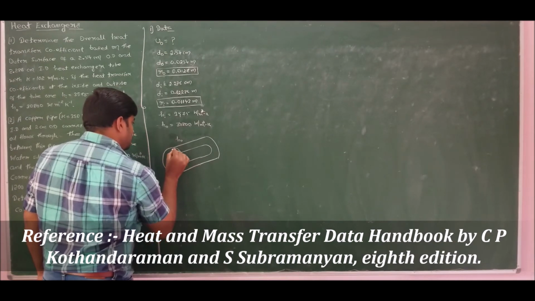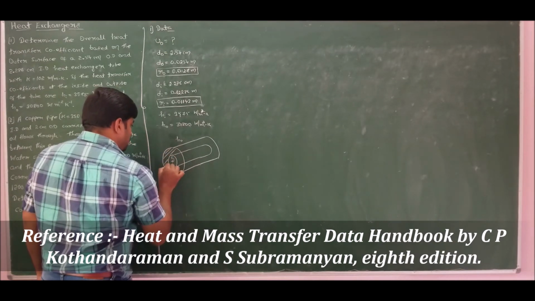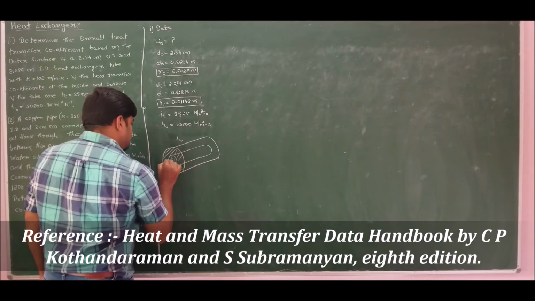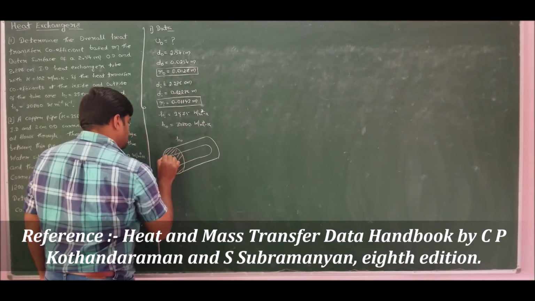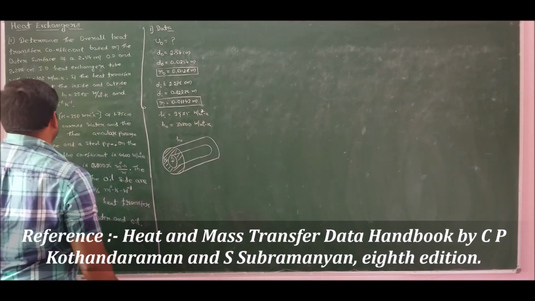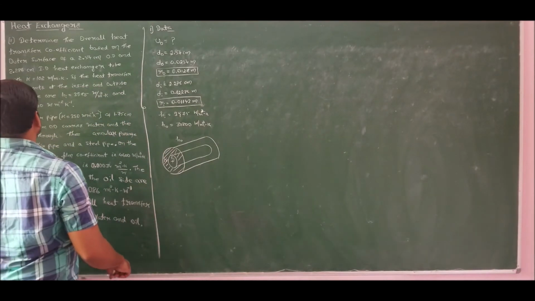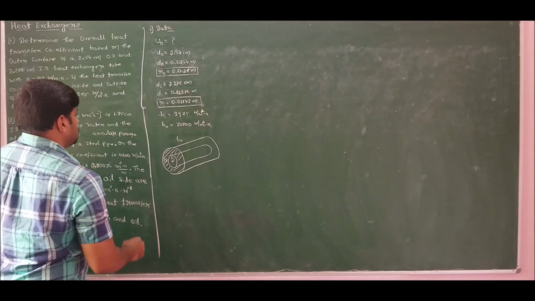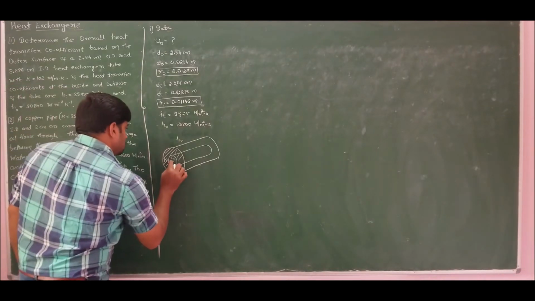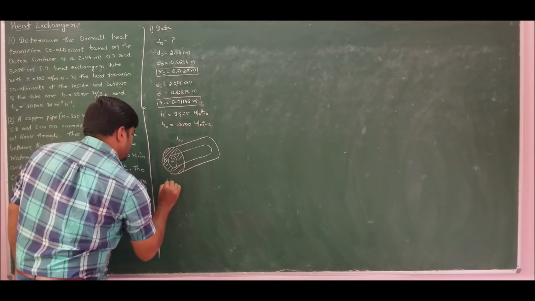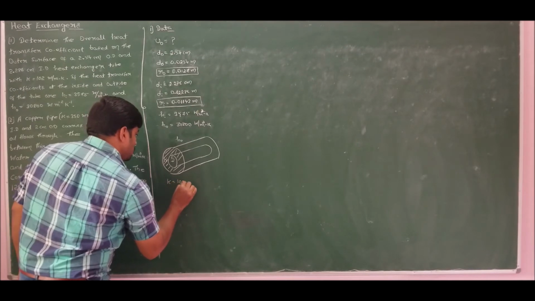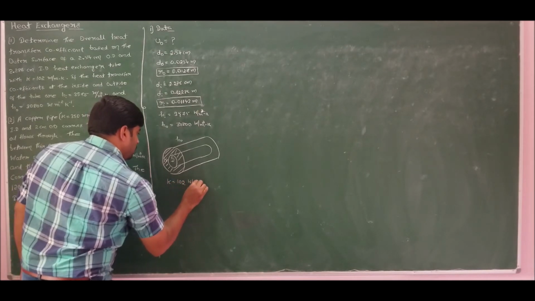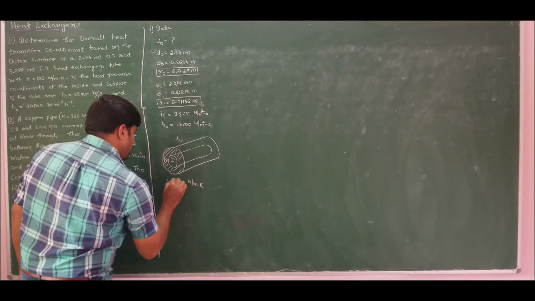We have Hi and he has given the thermal conductivity of this material. That is, he has specified the value of K also, thermal conductivity. The thermal conductivity is specified as 102. So let me note down the thermal conductivity also. K is 102 watt per meter per Kelvin.